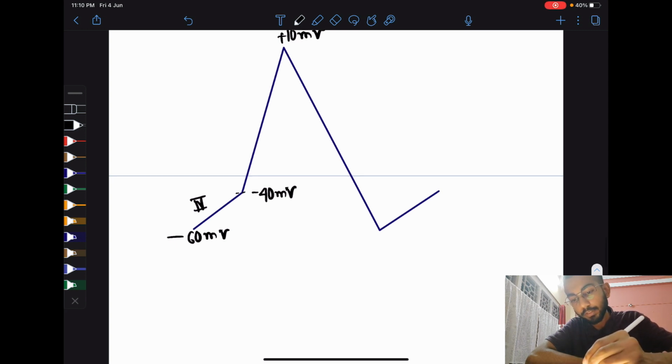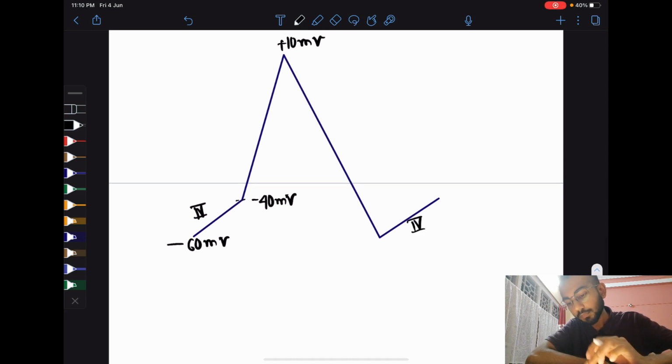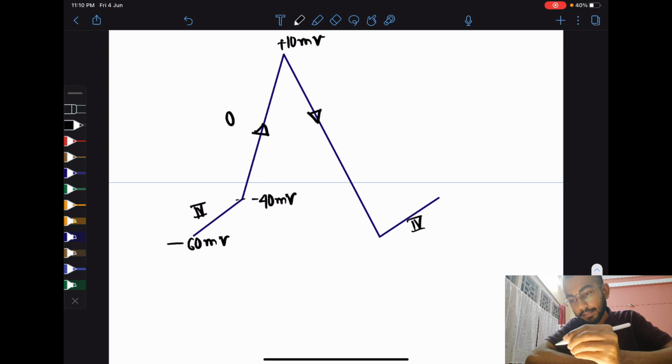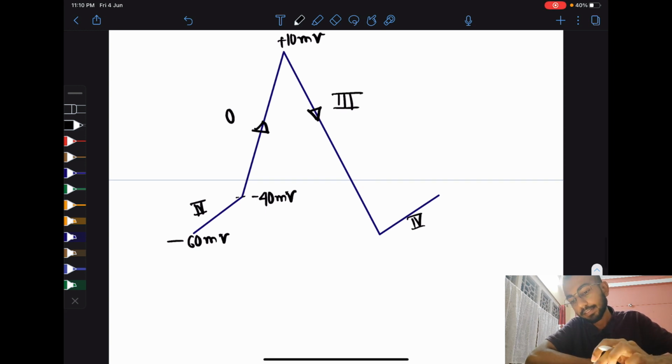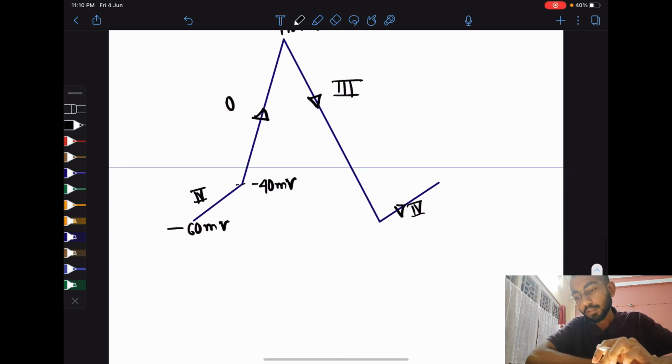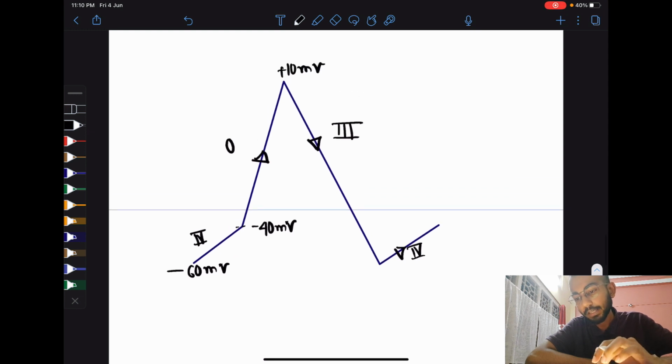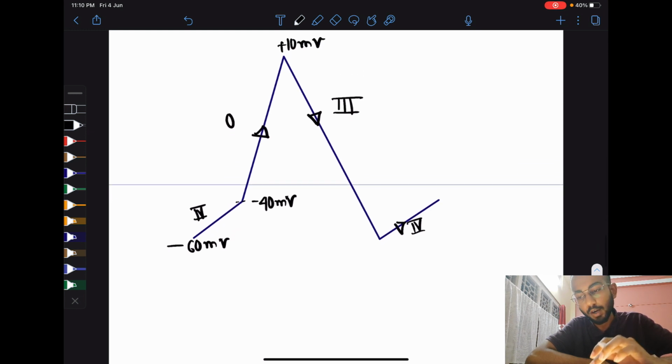And then again we see the phase 4. So this ascent is nothing but the phase 0, and this descent is nothing but the phase 3, right? And this is again the phase 4. All right, so in this pacemaker potential, phase 1 and phase 2 are absent.